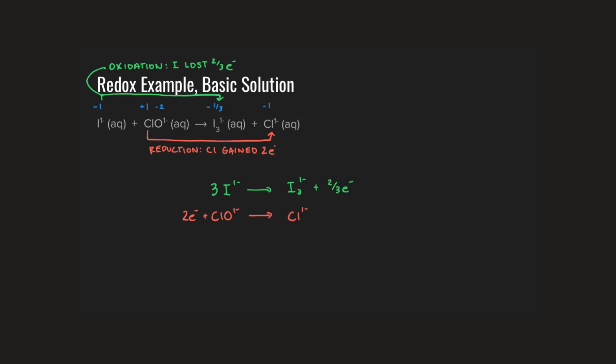And again, alarm bells going off right now. I just changed the number of an atom being oxidized or reduced, which means I have to adjust my number of electrons. And here's where the world is going to look a little bit better now.